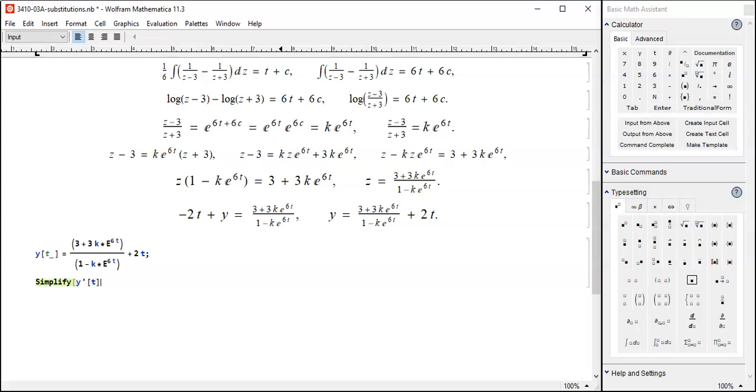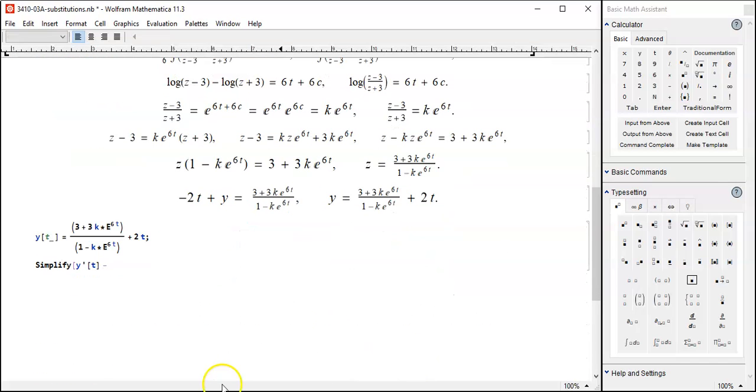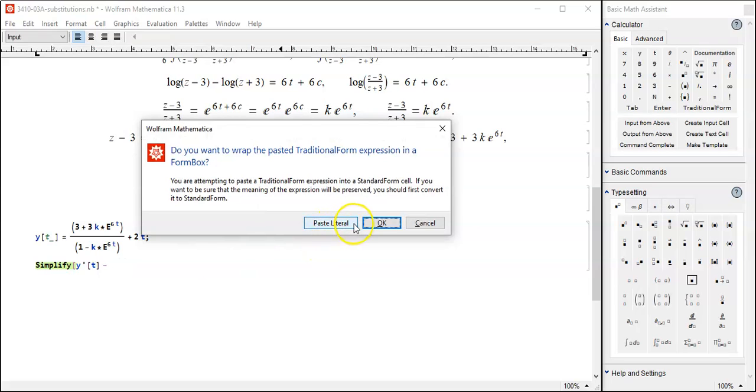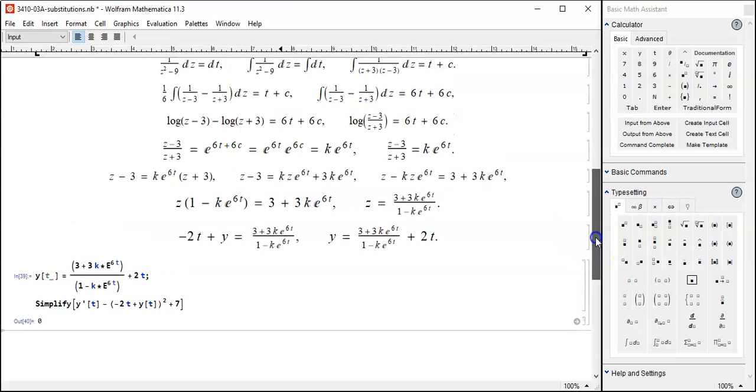Simplify y prime of t minus the right-hand side, this thing. Minus minus plus, and this is not y, it should be y of t. And let's see, is it really 0? Yes, it is. Everything is correct.